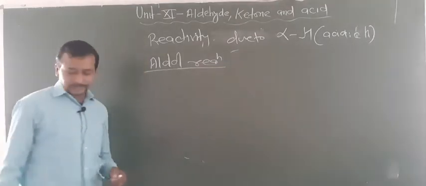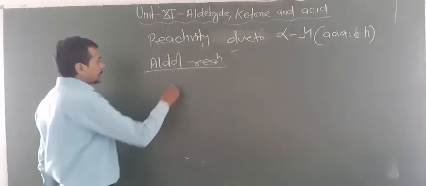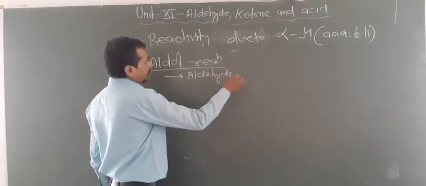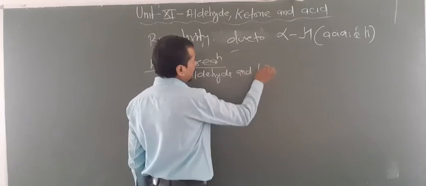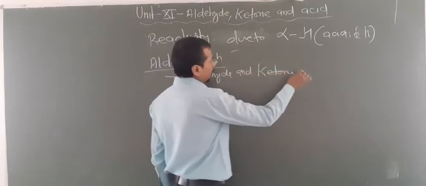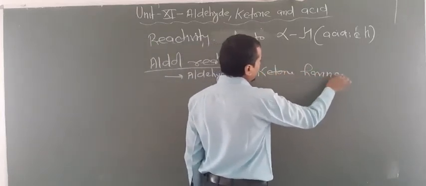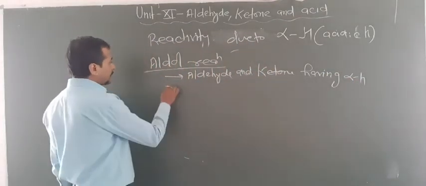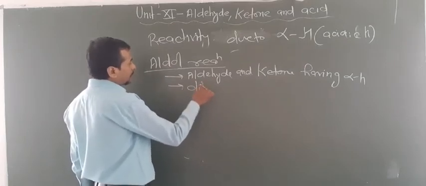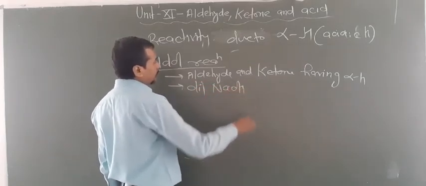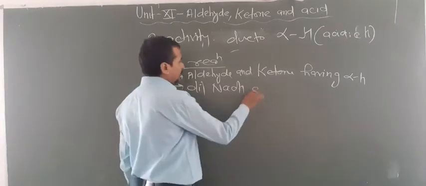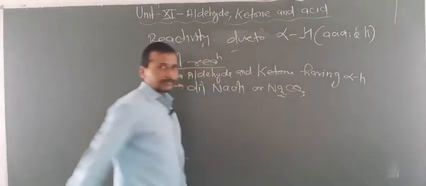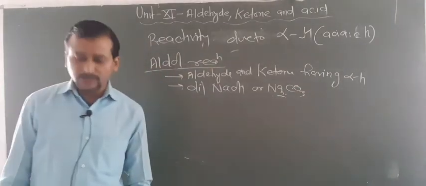These reactions are given by aldehydes and ketones having alpha H. Are you getting this point? Second, here you have to take dilute NaOH, which works as a catalyst. Either you can take sodium carbonate, which is also a salt having a dilute base.